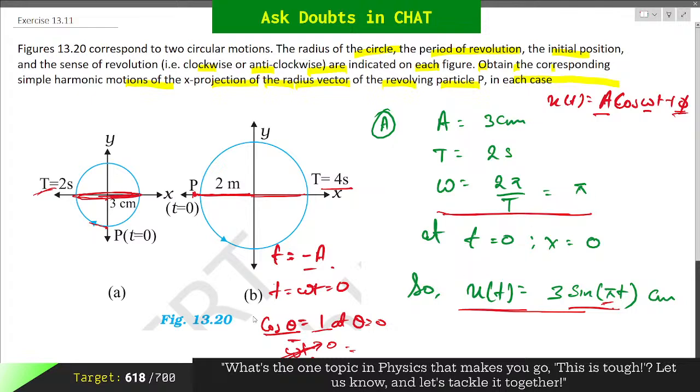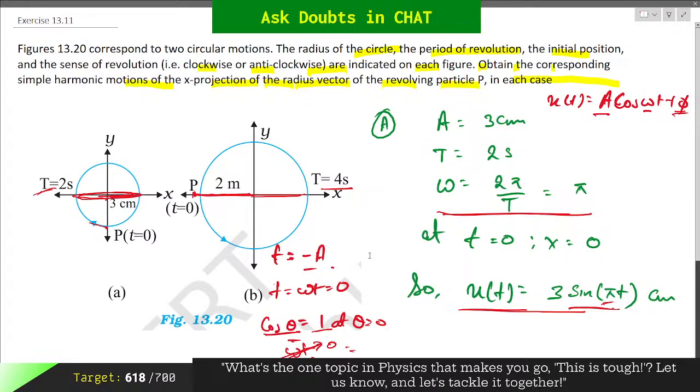So at t equals 0, it is at the mean position. The projection of particle P on the x-axis is at the origin, so at t equals 0, x equals 0. So x(t) equals 3 sin pi t. Here at t equals 0, sine goes to 0, so x(t) can be written as 3 sin pi t.